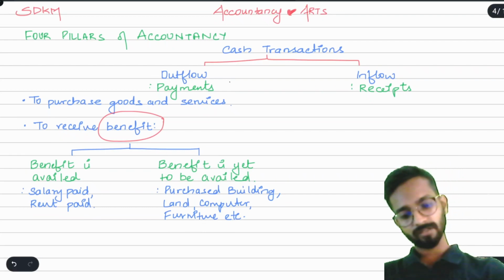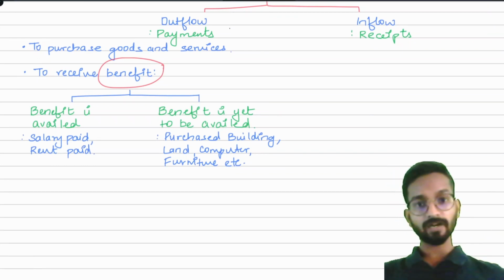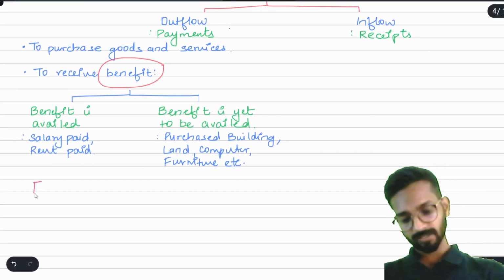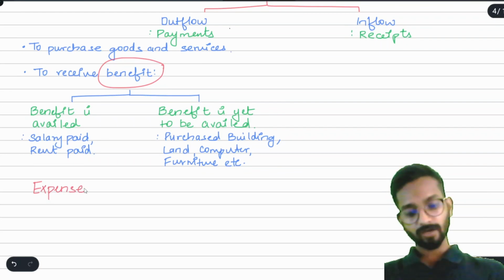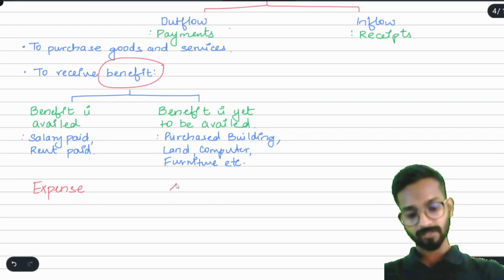Now here come the two important names: if benefit is completely availed, then I can say this is my expense. And if benefit is yet to be availed in the future years, then I say this is my asset.